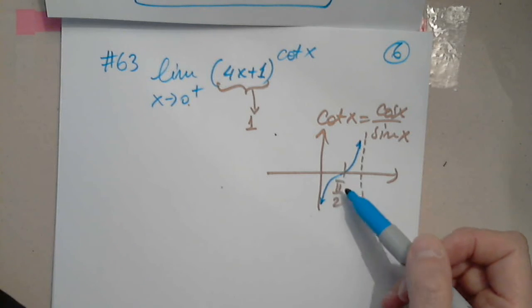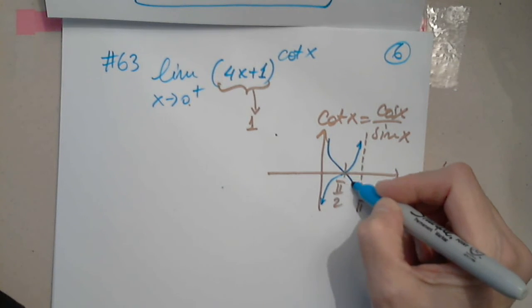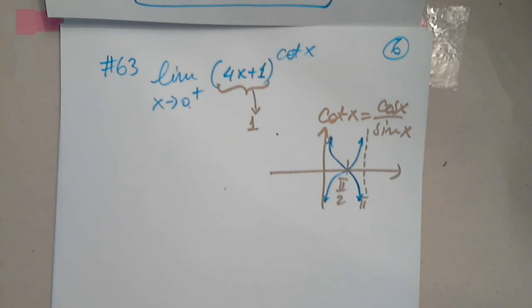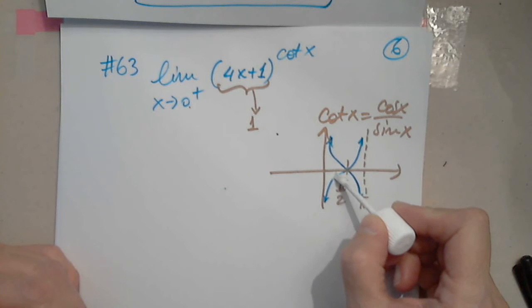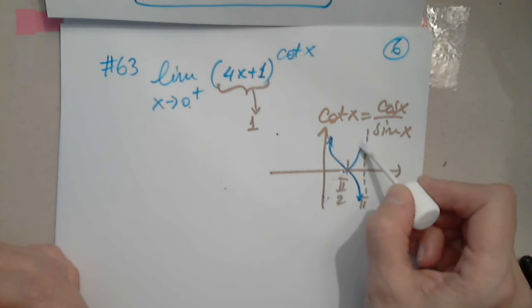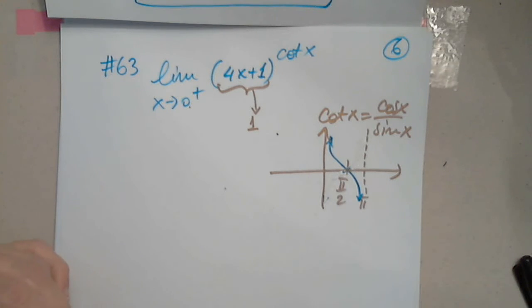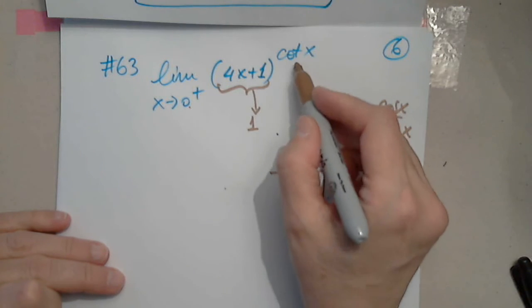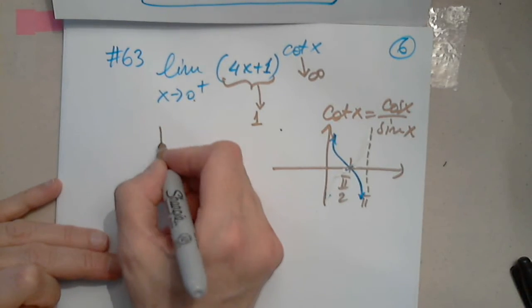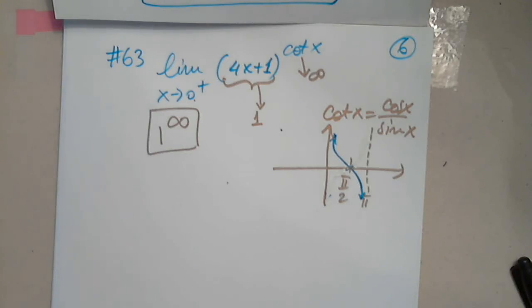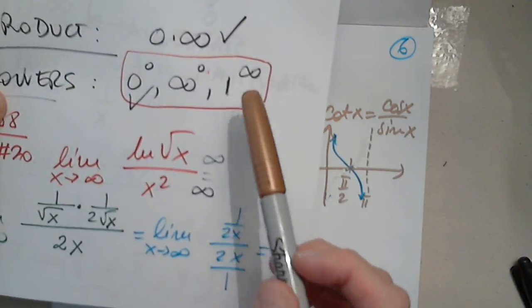Between 0 and pi, which is positive. Sorry. First quadrant positive, second quadrant negative. So the right-hand side here is infinity. So as x approaches 0 from the right, this approaches infinity, and here is our next indeterminate case. So 1 raised to infinity.